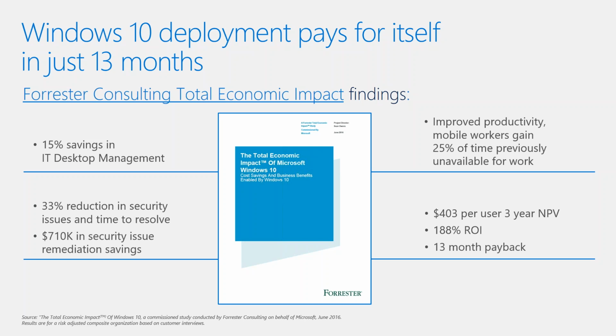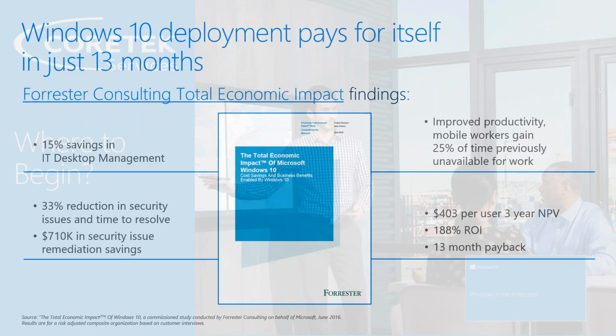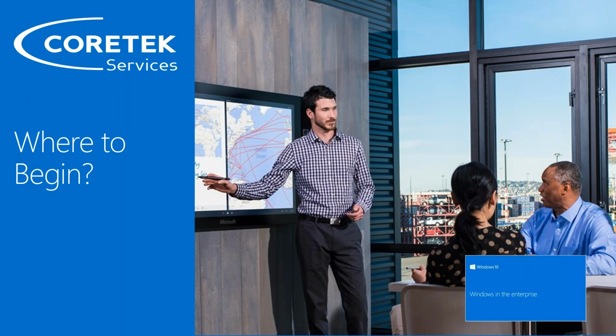And a 25% reduction in employee time previously unavailable for work, especially for mobile or remote users. I know a lot of companies are struggling with remote worker solutions as a whole, and this can truly help. If you want a copy of that Forrester economic impact study, please let us know and we can provide that to you.